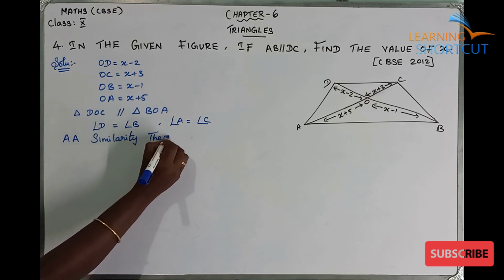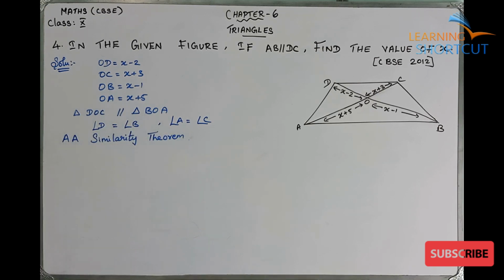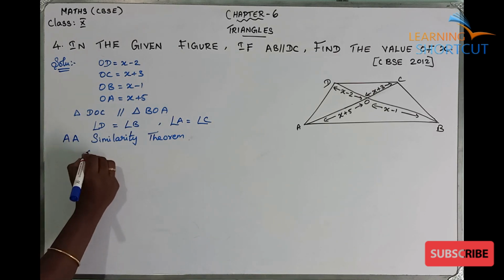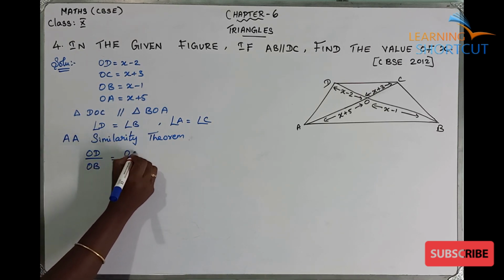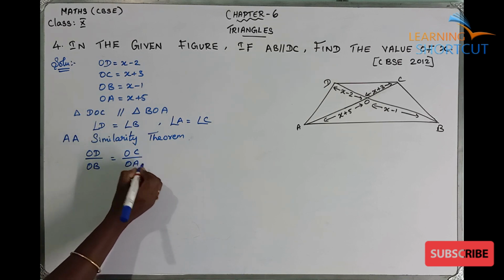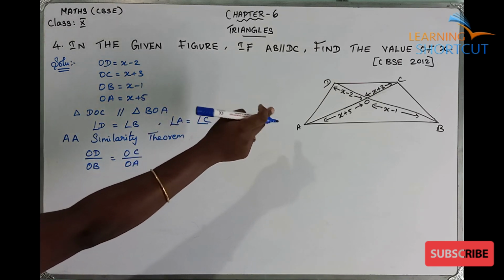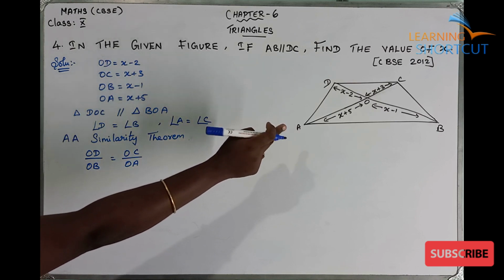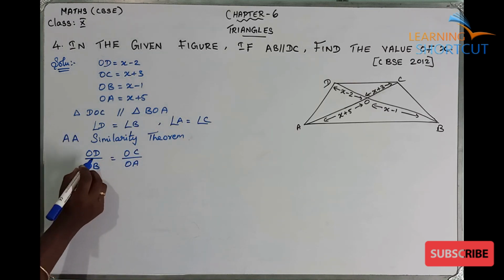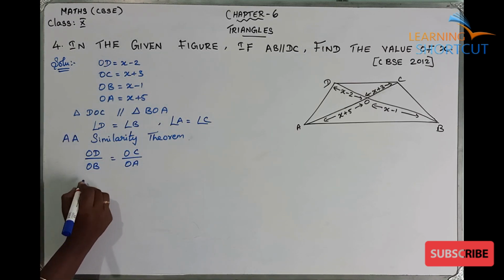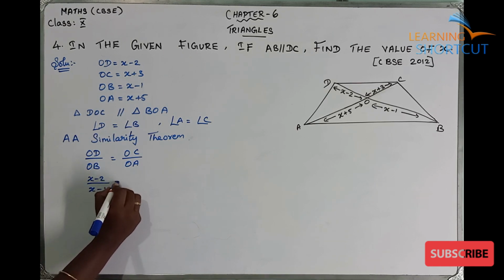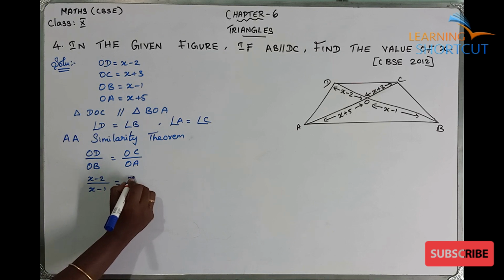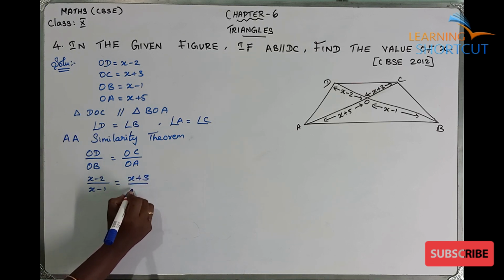So according to the AA similarity theorem, we can write OD divided by OB will be equal to OC divided by OA. So x minus 2 divided by x minus 1 will be equal to x plus 3 divided by x plus 5.